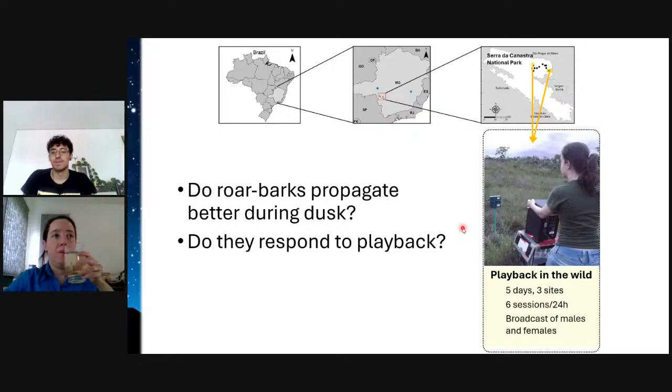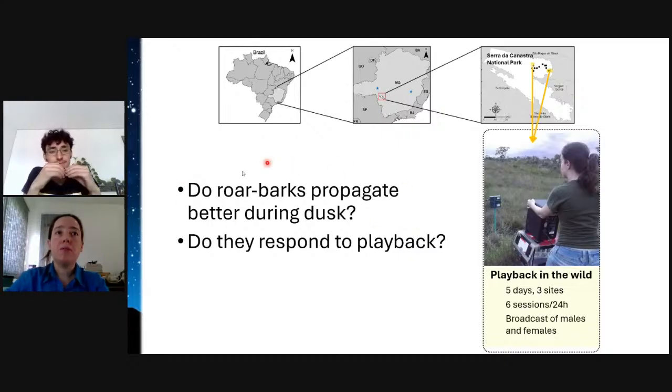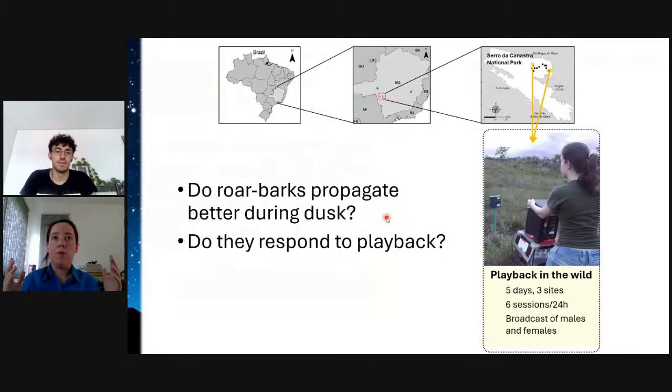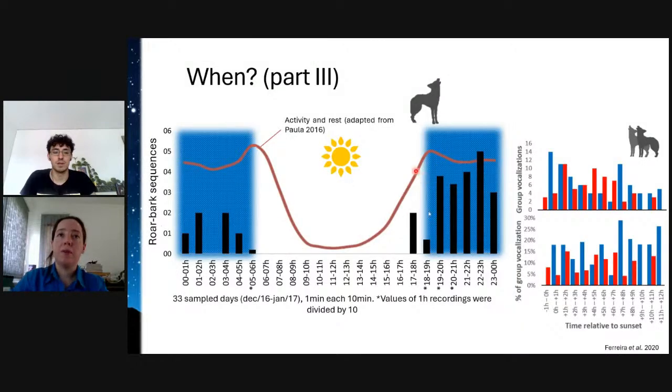So, is there a reason why dusk? What we thought was maybe raw barks propagate better during dusk, during those periods, and that's why it vocalizes more during that time.